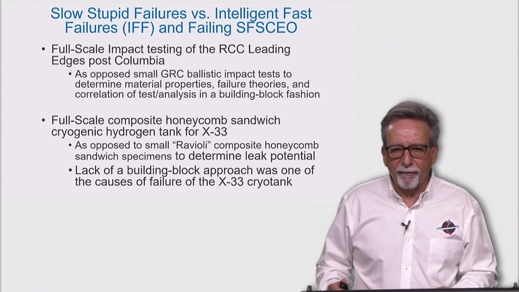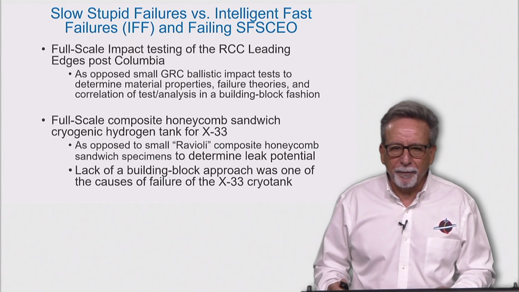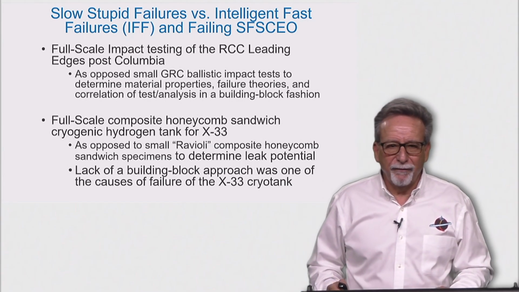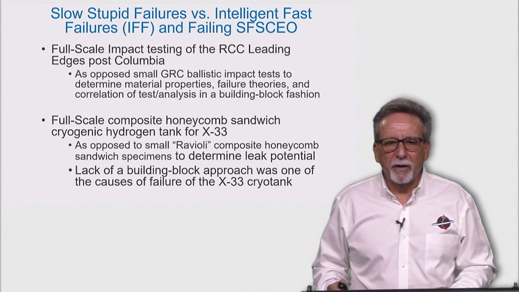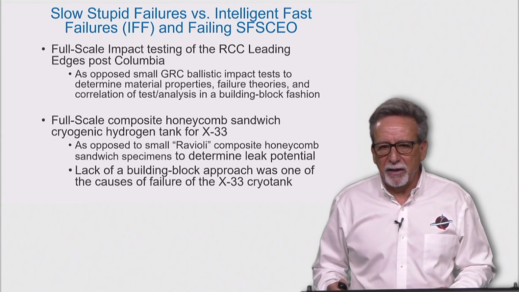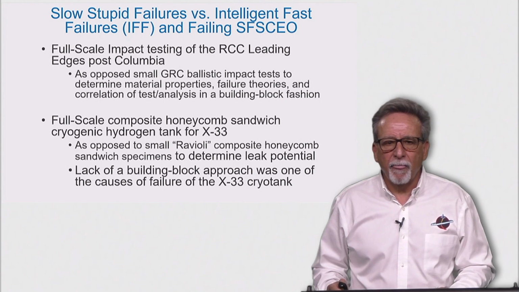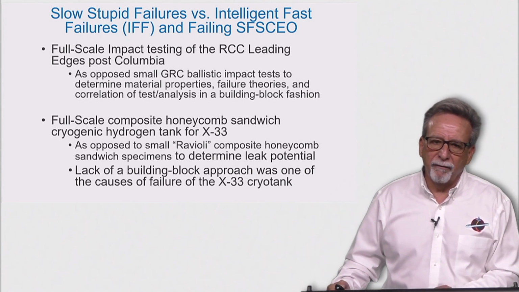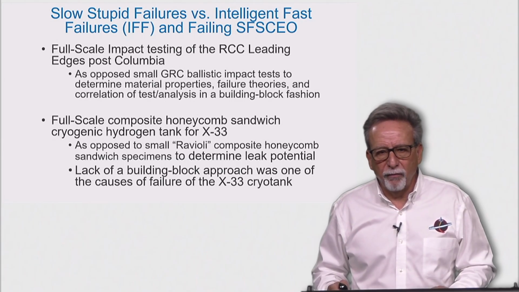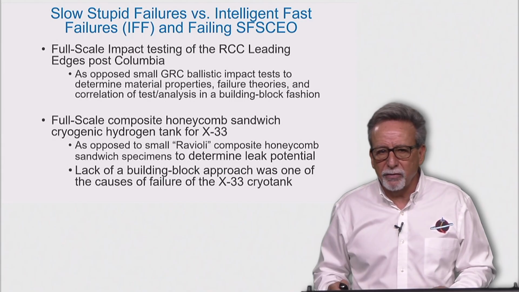We talked about intelligent fast failure as opposed to slow, unintelligent failures. We have gone into detail on two case histories: ET foam, RCC impact, and the cause of the Columbia accident. And we also looked at the case study of the design of an X-33 reusable cryogenic tank. Both are very good examples which differentiate slow, stupid, expensive failures from what we are trying to teach in this course, a methodology that we prefer to use: intelligent fast failure.